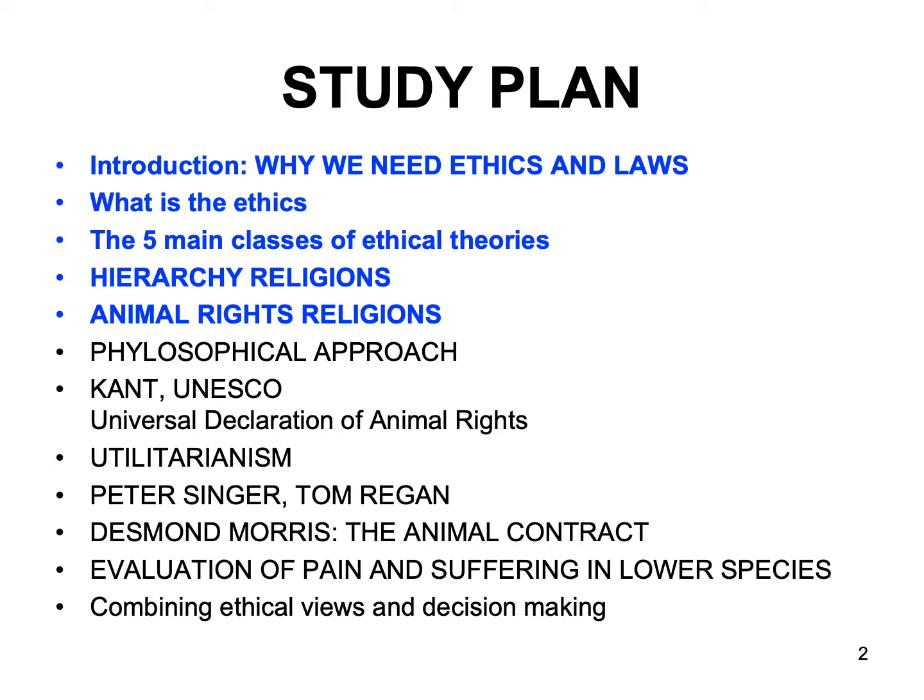And we will see also the animal rights religions. These religions will treat the animals, at least in theory, at the same level as the humans. And all the rest will continue in the second part.